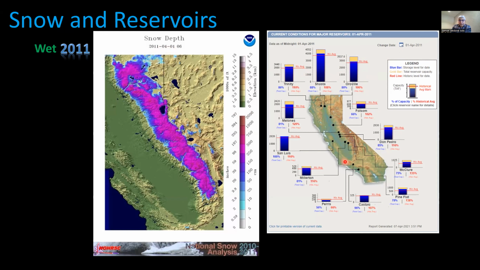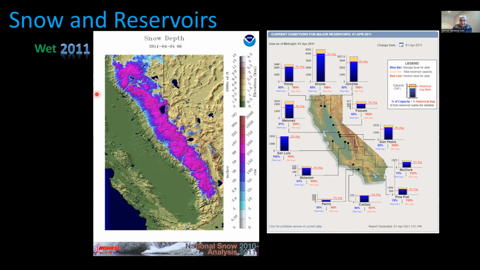What is going on here is that for these reservoirs, the blue bar is how full or how empty they are. The red line is how far above or below the historic average they are for that given reservoir. And the yellow squares are the size of the storage capacity, how full the reservoirs are with respect to the storage capacity.